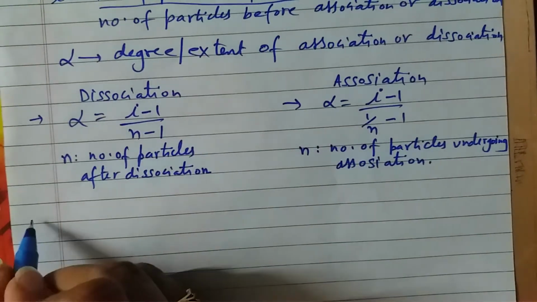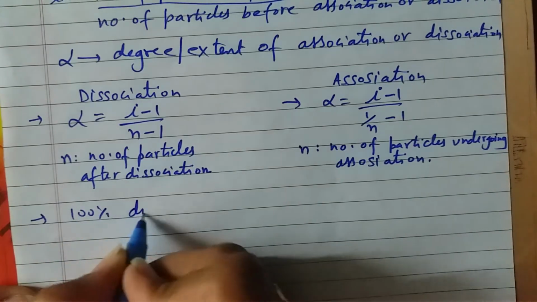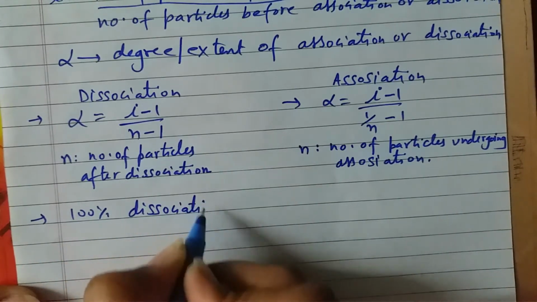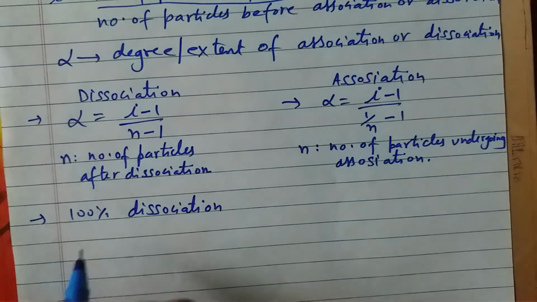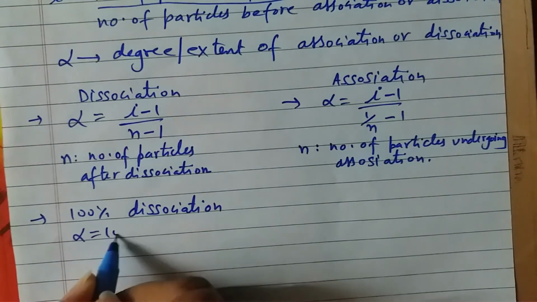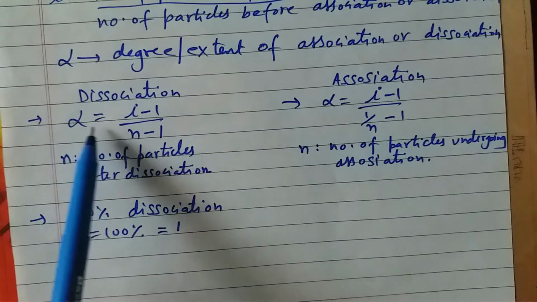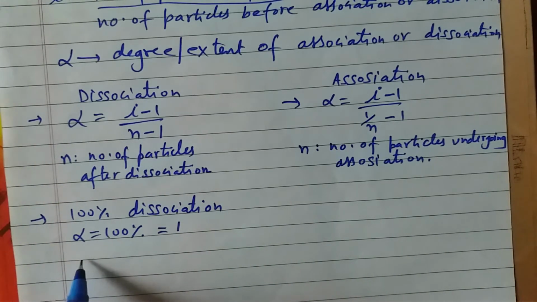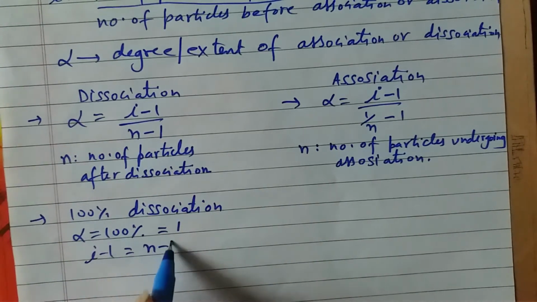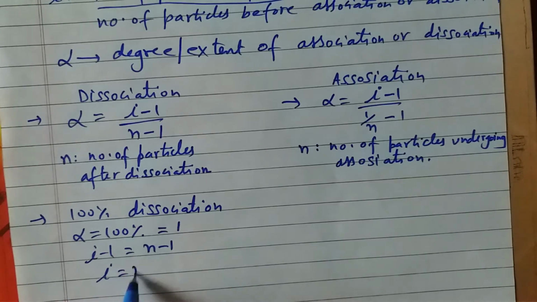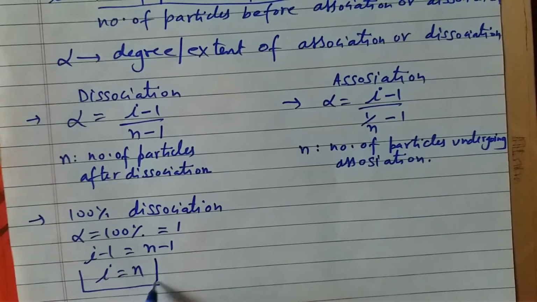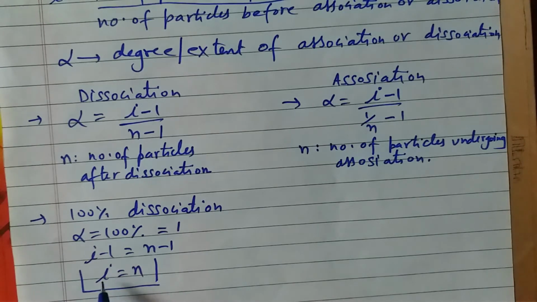Now further, when there is 100% dissociation in the solution, what do you mean by 100% dissociation? Alpha is equal to 100%, which means alpha is equal to 1. And if I substitute the value of alpha equal to 1 in this formula, then what will I get? If alpha equals 1, i minus 1 will be equal to n minus 1, or you can say i is equal to n. So if you are given that there is 100% dissociation, then the value of the Van 't Hoff factor will be straight away equal to n, where n is the number of particles after dissociation.